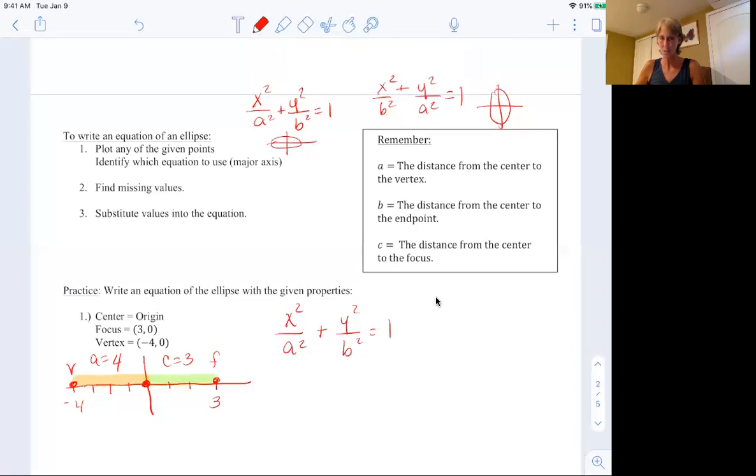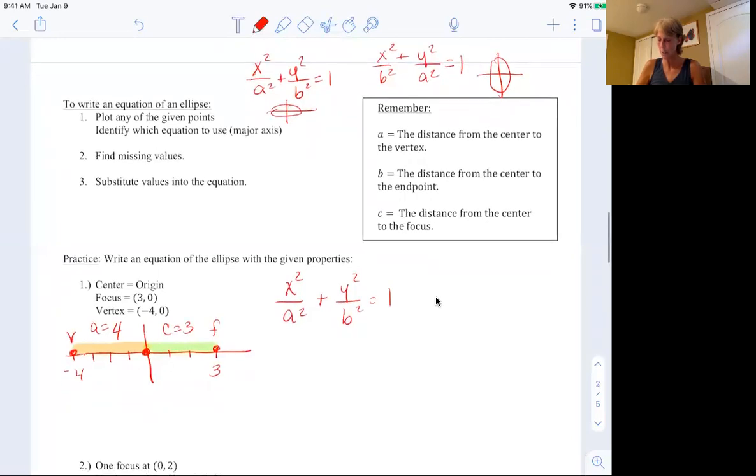I'm going to take that information and I'm going to put in what I know right now. I have x squared over, well, if a is 4, a squared is 16. Plus y squared over, I don't know what b squared is, but I can find b squared if I know a and c.